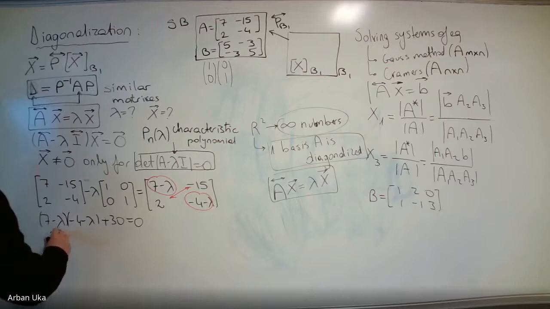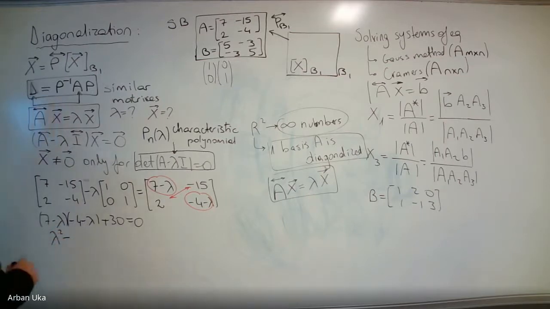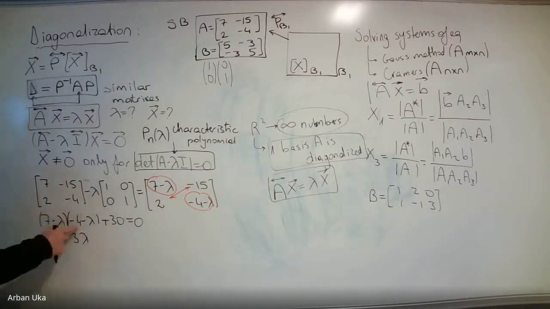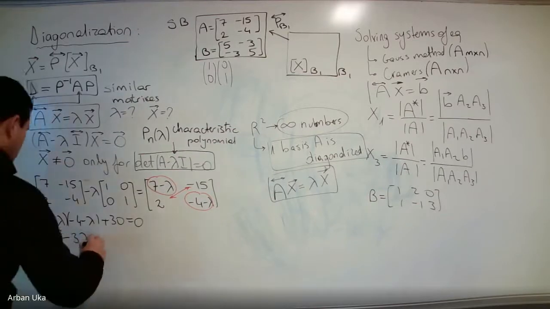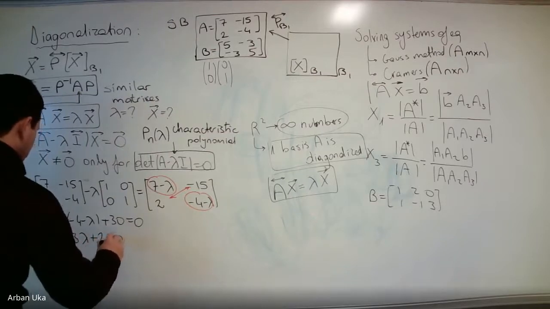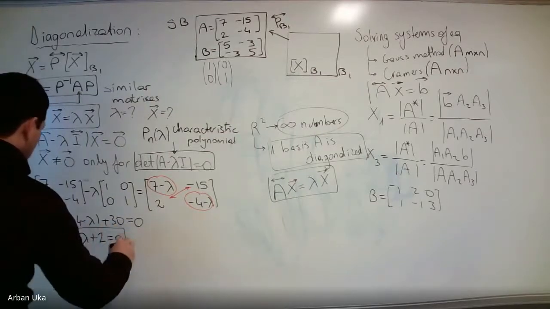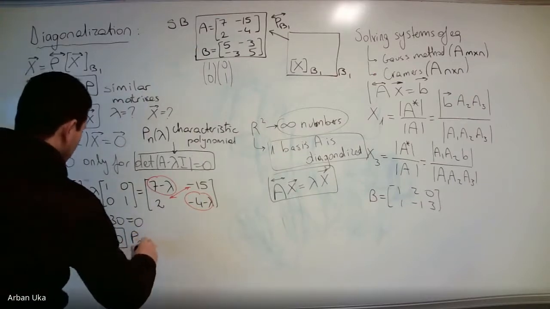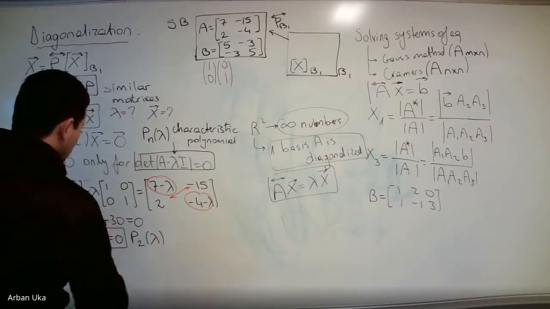And here we get lambda squared minus 3 lambda, because we have 7 minus 6 lambda plus 4 minus 3 lambda, minus 28 plus 30, this is plus 2. Plus 2, equal to 0. So this is our second order polynomial in lambda.